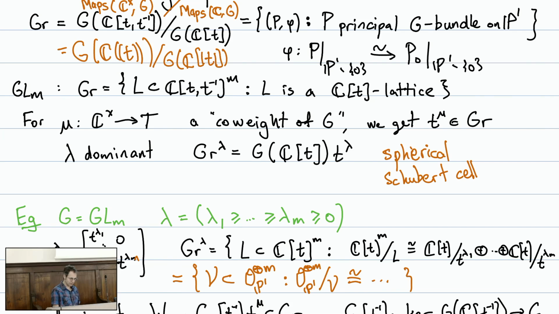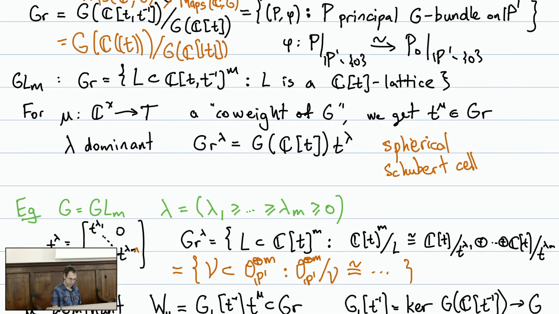And this orbit, Gr lambda, can be described in the lattice model as those lattices that are contained inside this standard lattice, and moreover, the quotient is isomorphic as a C[[t]]-module to this standard direct sum here.